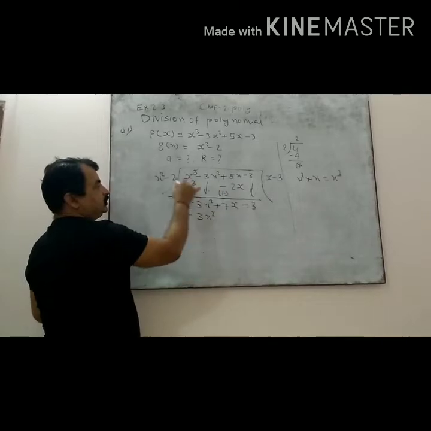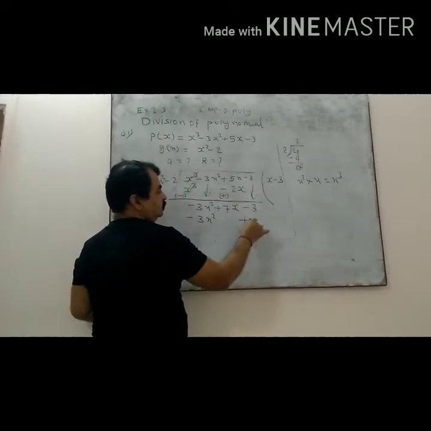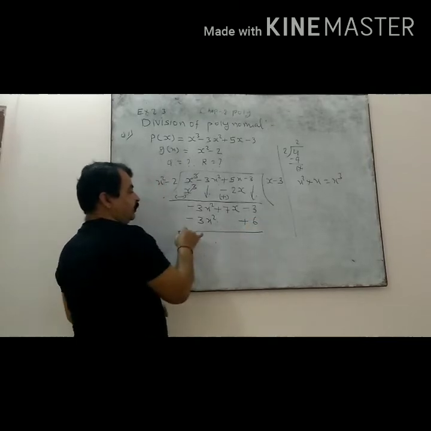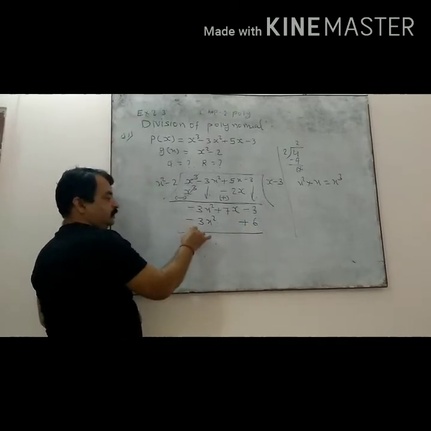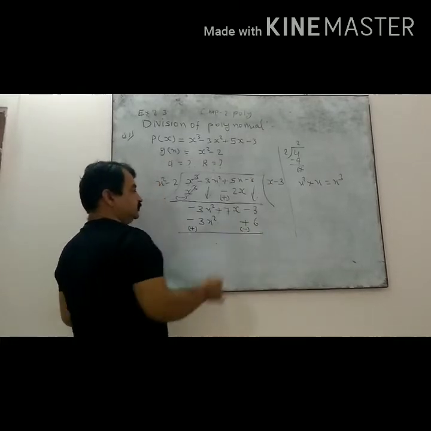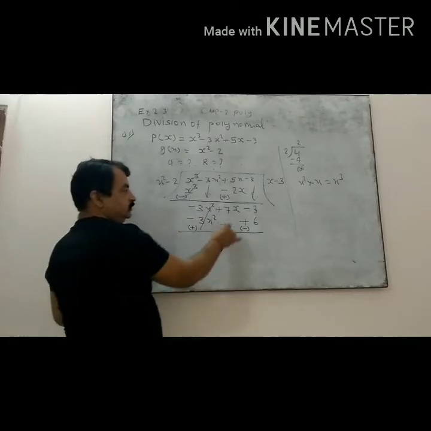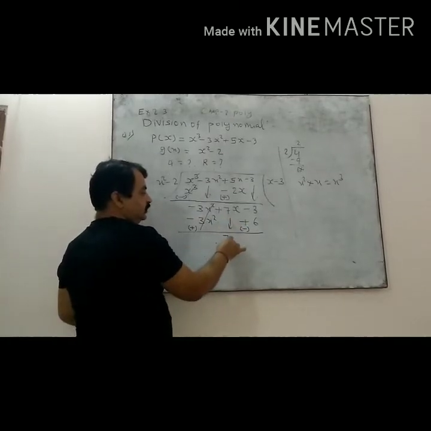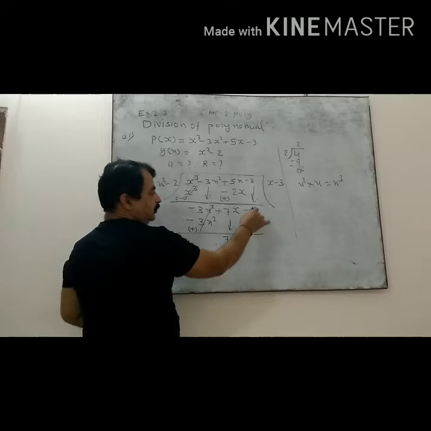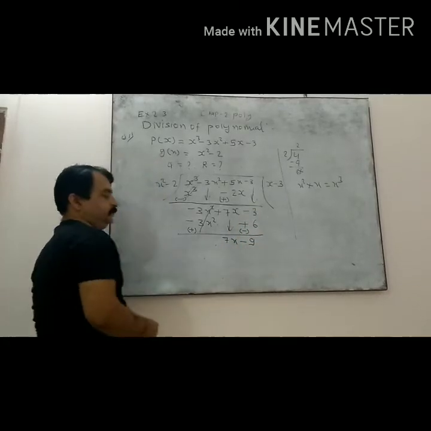And minus 3 into minus 2, minus of minus plus, 3 to the 6. Again change the sign, minus plus, and this is plus, that is minus. So this term will cancel, minus 3 and plus 3. 7x you copy as it is, and minus 3 and minus 6, what do you get? Minus 9.